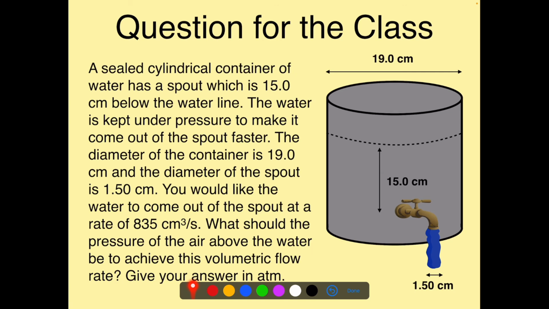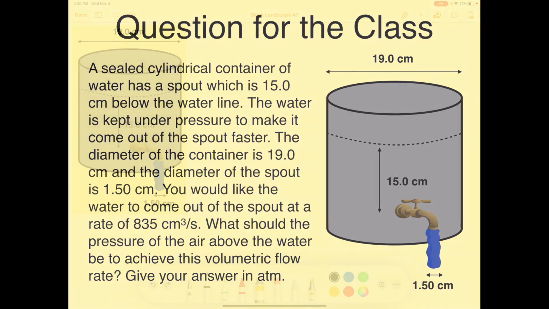So again, every second that passes, we want 835 cubic centimeters of water to be coming out. So if we want to achieve this, what should the pressure of the air above the water be to get this flow rate? So what kind of pressure do I need up here in units of atmospheres to get this all to work out? So pause the video, try to work it out, and then we'll go through it together.